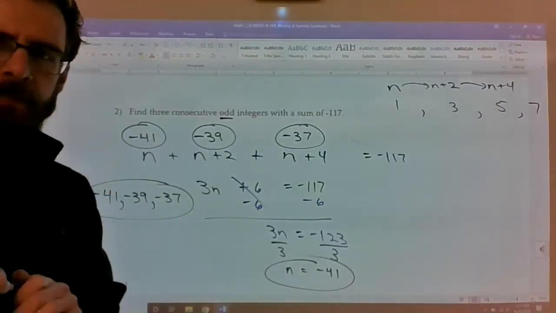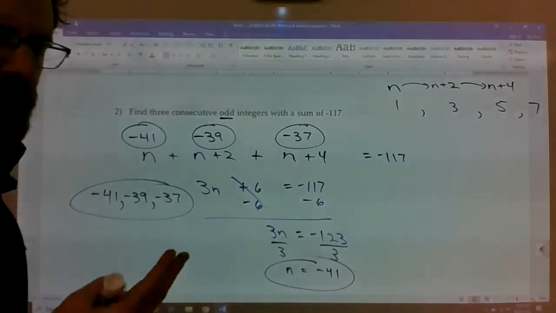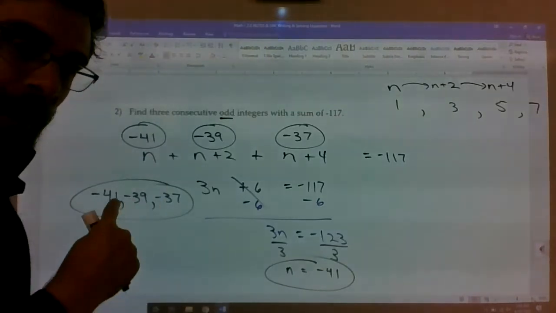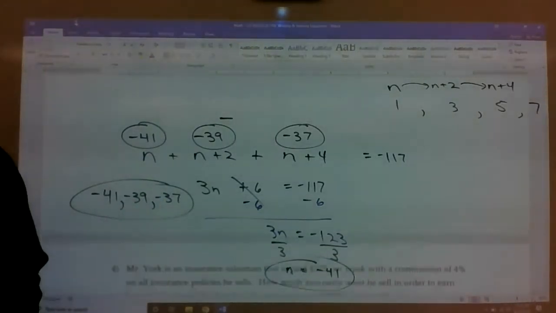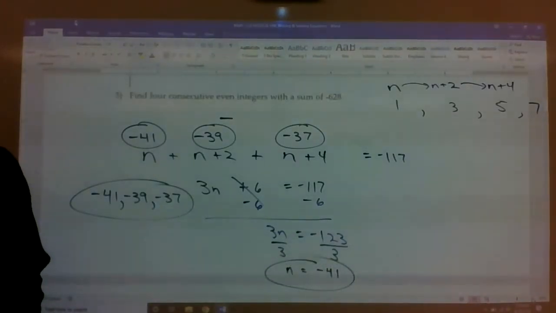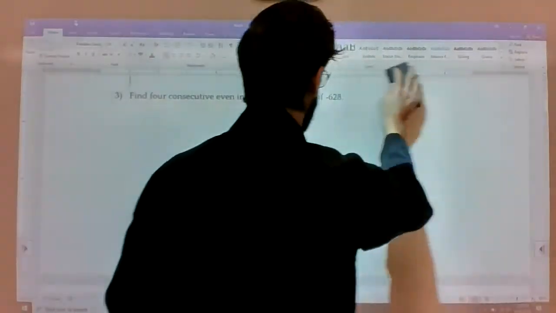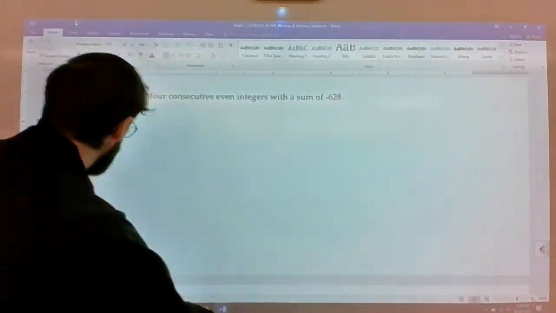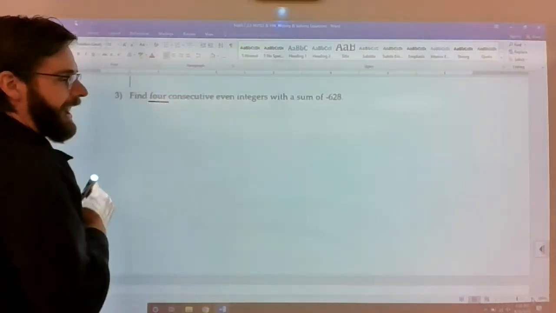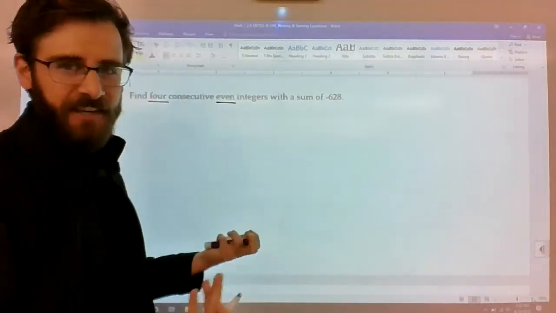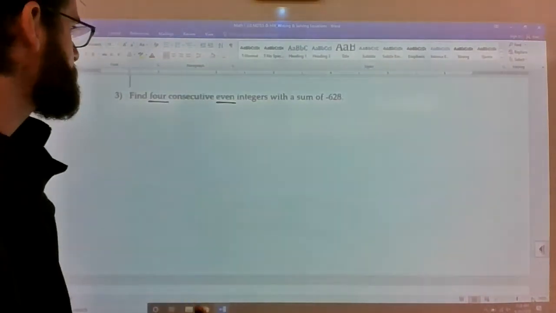All right, so we've talked about consecutive integers, consecutive odd integers. Now what about consecutive even integers? Well, this one's got 4 now, and like I said, let's figure out what it looks like when you're dealing with evens.